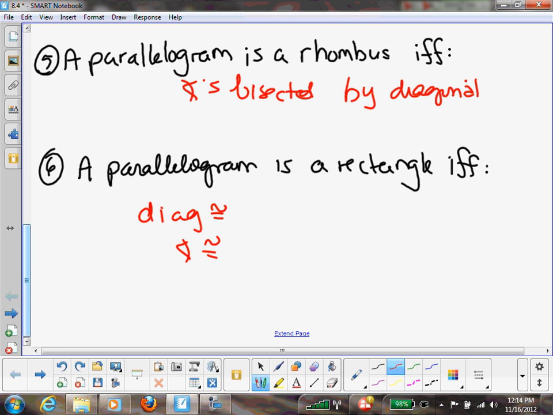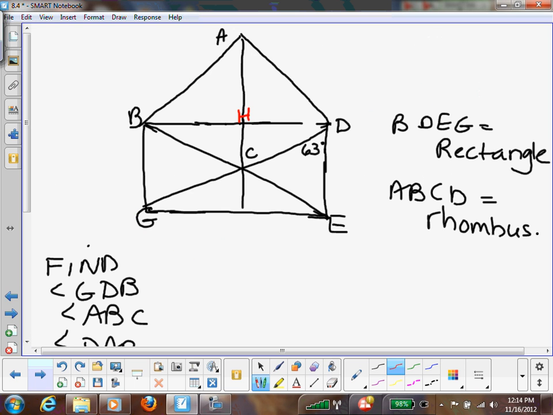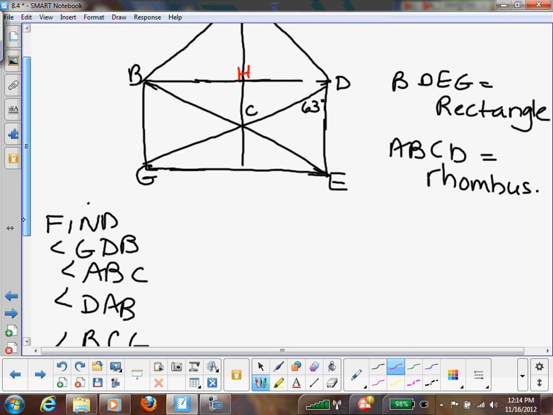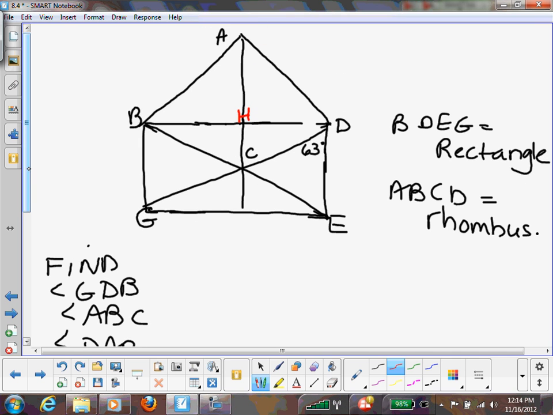All right, so this next problem is just going to be kind of an application of our properties that we got from this little chart. We're going to apply these properties to help us figure out all the information. Okay, I'm telling you we have a rhombus and a rectangle. B, D, E, G is a rectangle, and A, B, C, D is a rhombus. H is right here in the middle. Okay?